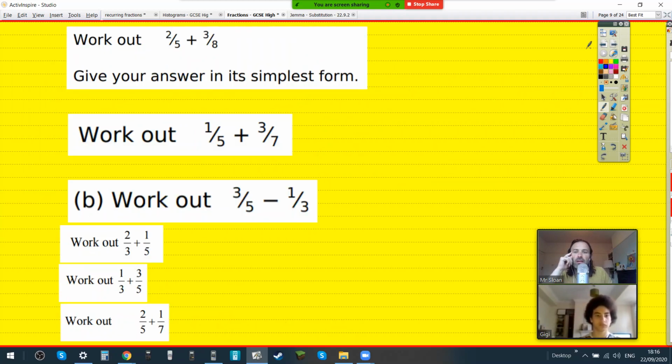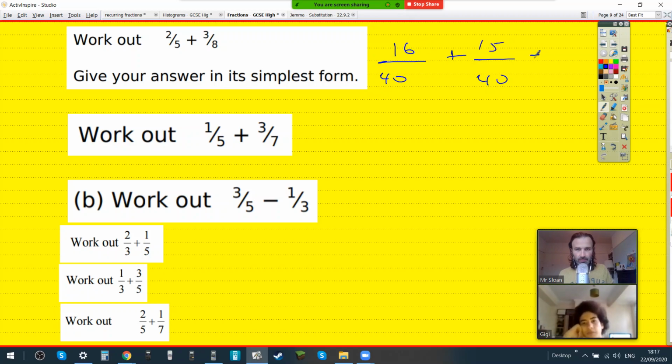Okay. Let's try top one. All right. It will be 40. So it'll be 16 over 40 plus 15 over 40.